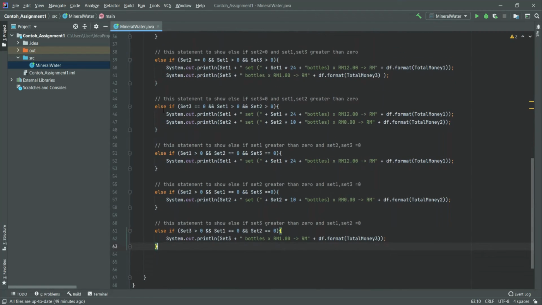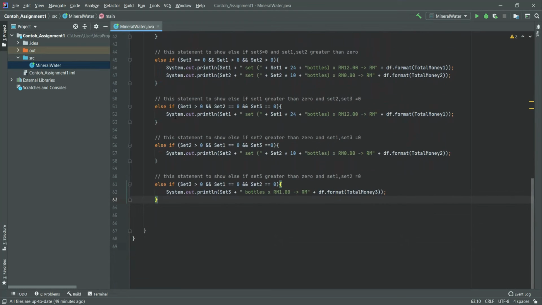Next, else if set 3 equal to 0, set 1 and set 2 greater than 0. Next, else if set 1 greater than 0 and set 2 and set 3 equal to 0. Next statement is else if set 2 greater than 0 and set 1 and set 3 equal to 0. Next statement is else if set 3 greater than 0, set 1 and set 2 equal to 0.